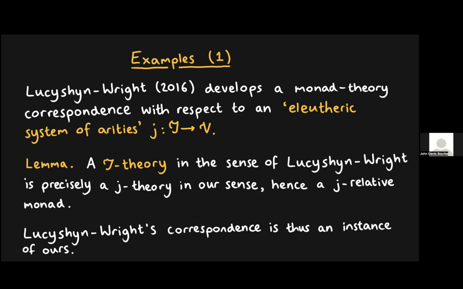So he has a notion of J theory, which is ostensibly different from ours, but one can prove that his J theories are the same as J theories in our sense, and are hence the same as J relative monads. And it turns out in this case that Wright's monad theory correspondence is subsumed by ours using this lemma.